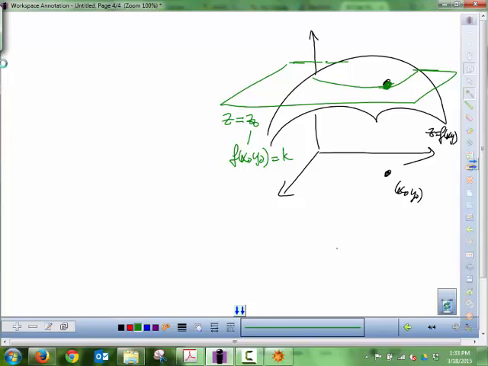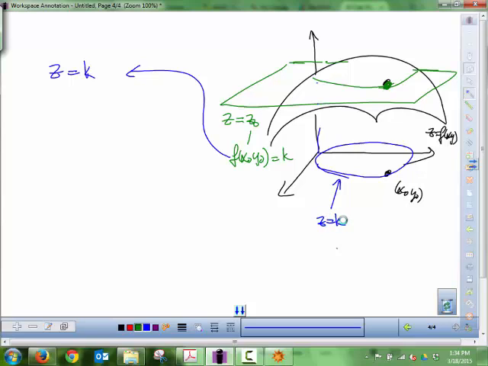So, what do we have here? Z is equal to k. No, wait, that's a plane. So, I guess my question is, we could take a look at this curve. Z is equal to k, we would call it.